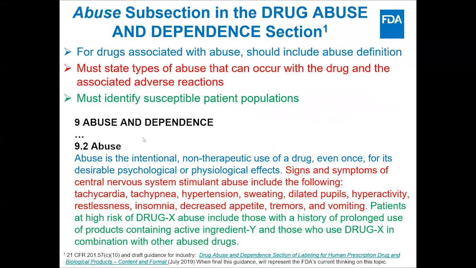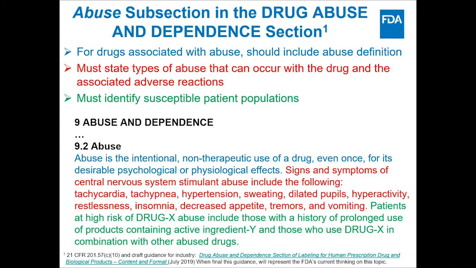So let's go through a drug. If there's a drug associated with abuse, I know this is a busy slide, but let's go one by colored. So if the drug is abused, we include the abuse definition in the labeling, the first part. So the definition, as we recommended in the guidance, abuse is the intentional, non-therapeutic use of a drug, even once, for its desirable psychological or physiological effects.